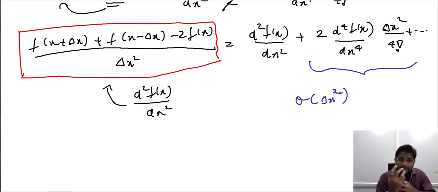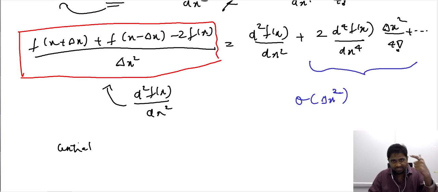And by combinedly considering the terms associated with forward and backward difference, that is f of x plus delta x and f of x minus delta x, we were able to arrive at a new approximation scheme called the central difference scheme. Initially, we treated forward and backward difference separately to identify the order of the error.